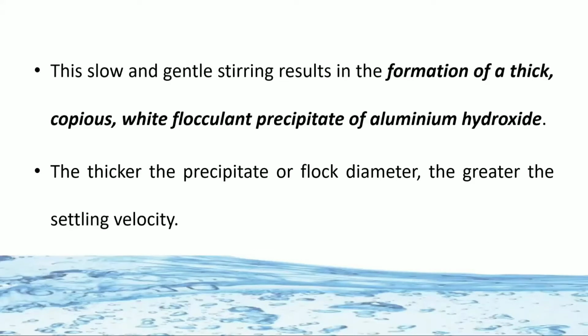The thicker the precipitate or floc diameter, the greater is the settling velocity. It means the thicker the floc or the larger its diameter, the more weight and velocity with which it settles down.